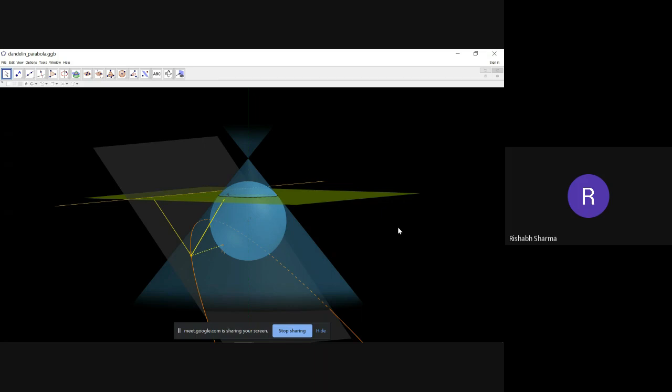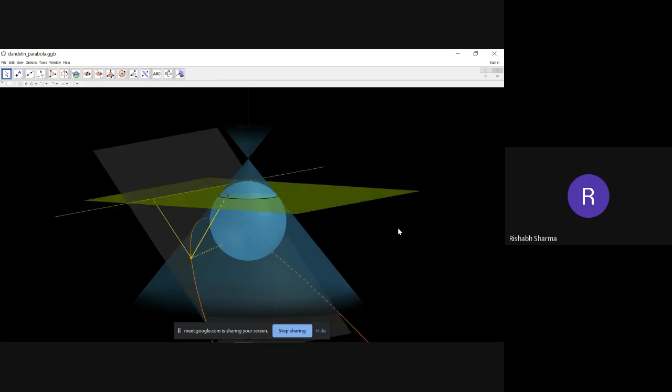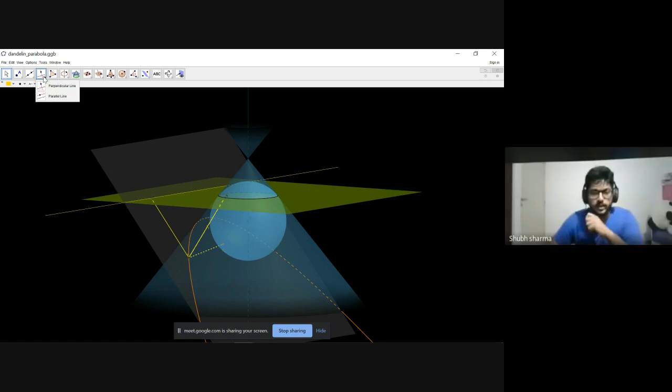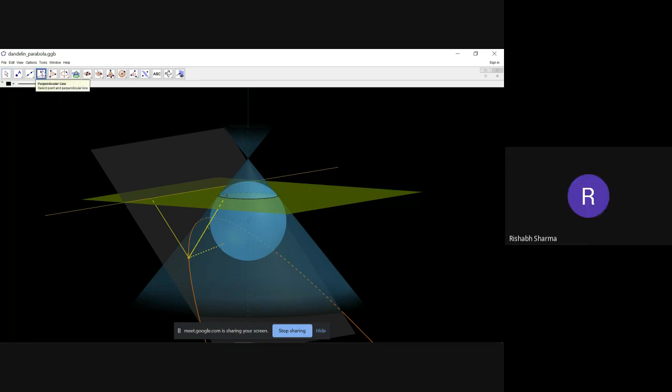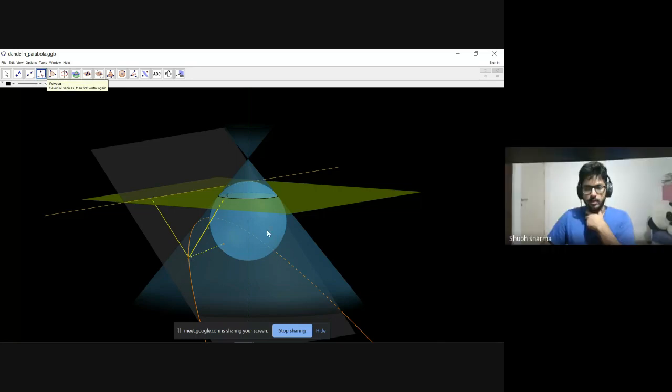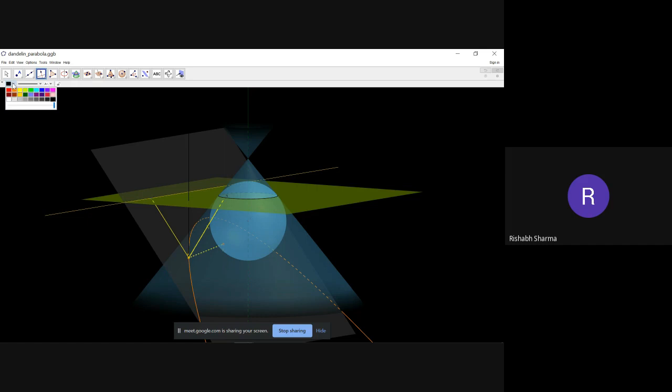You drop a perpendicular from P to the green plane, and then you measure triangles, do some trigonometry. No, I was talking about the line which is perpendicular to the green plane. If you project both the yellow lines on the axis of the cone, they would have the same length.